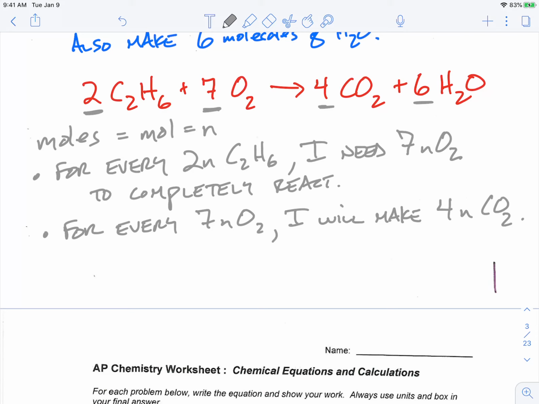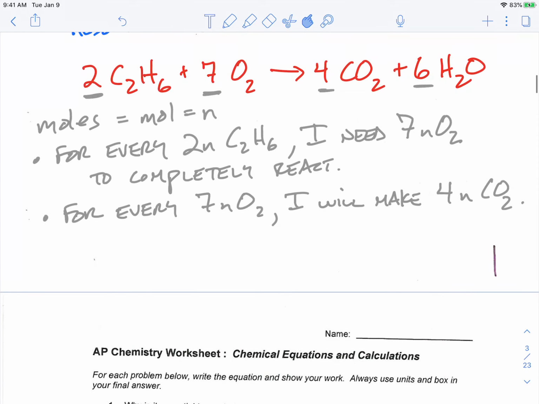So what this does is it compares our reactant oxygen to a product here. And basically what you can do is compare reactants to reactants, which is very common. You can compare reactants to a product, in any combination you have. And then also products to products.